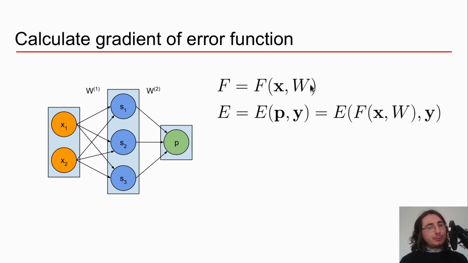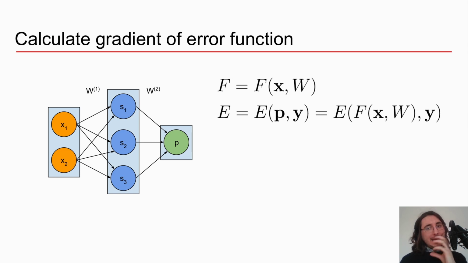So if you remember, the error function is a function of p and y, so p being the prediction, but the prediction obviously is the result of the neural network, so we can substitute this f of x, w for p, and by doing so, we find out that the error function is a function of the weights itself. So it makes sense to calculate the gradient of the error function with respect to the weights because it depends on the weights. Cool.